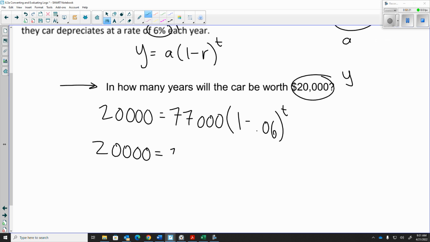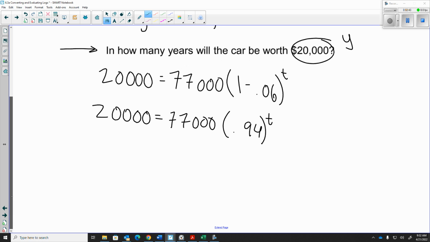If we simplify that a little bit, 20,000 equals 77,000 times, what's that, 0.94 to the T. What am I trying to find? Time. I want to know how many years it is going to take. So what would you do? How do you solve for T? Well, it's getting multiplied, right?